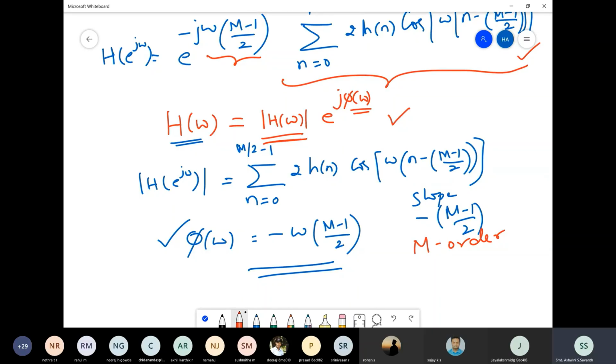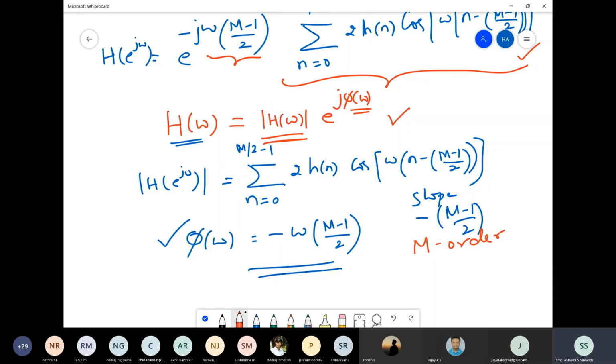That is indicated by the order of the filter M. So usually FIR filters have a higher order compared to IIR. IIR filters have a lesser order, whereas for FIR filters, the order will be quite high. So is this point clear?